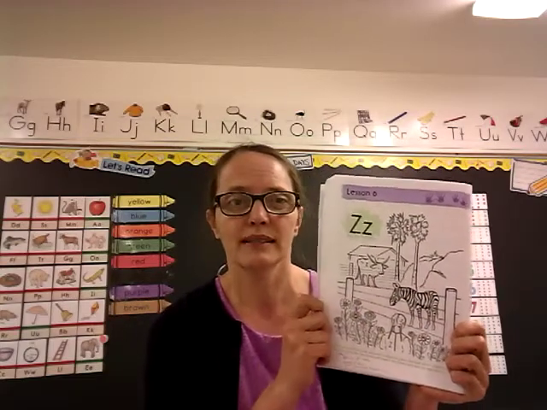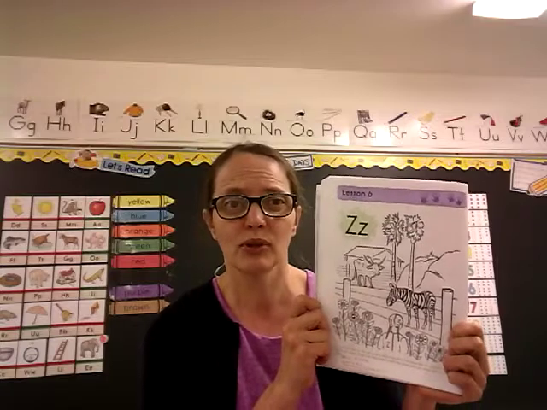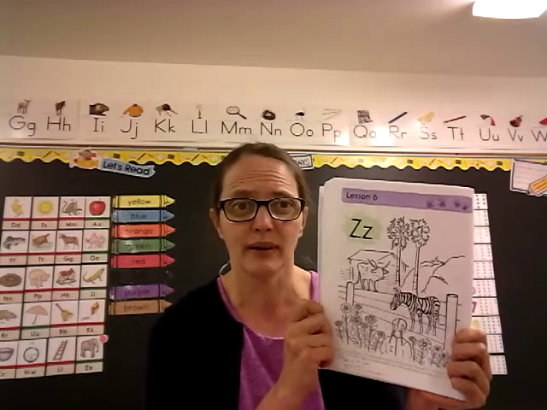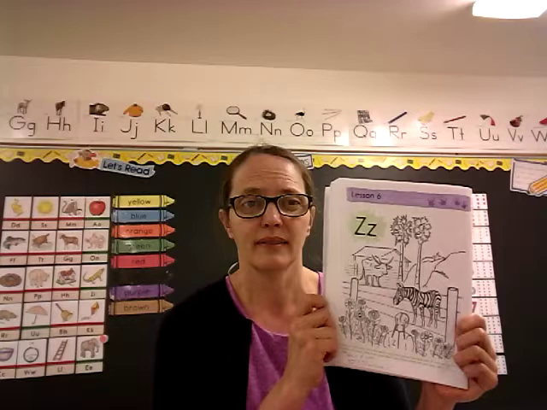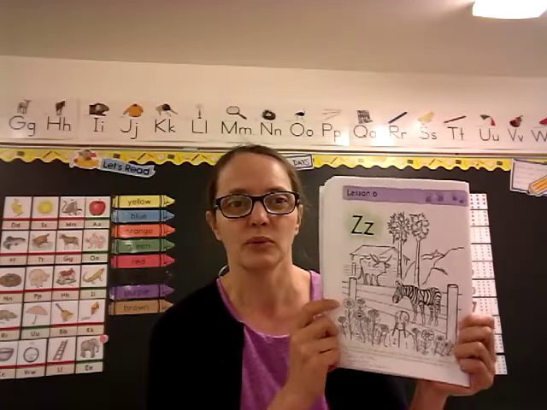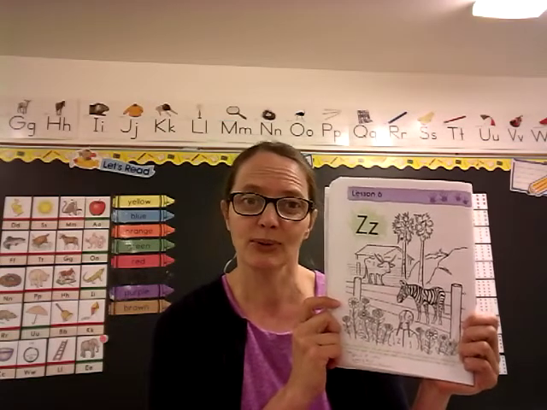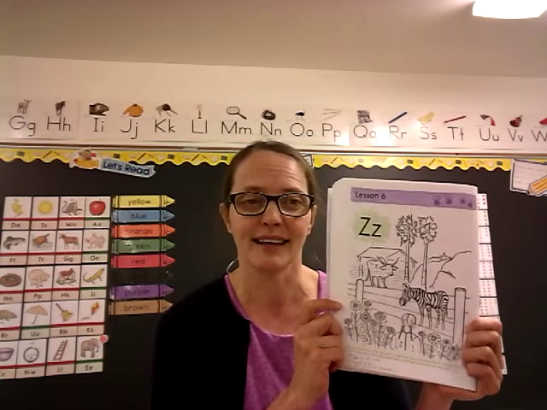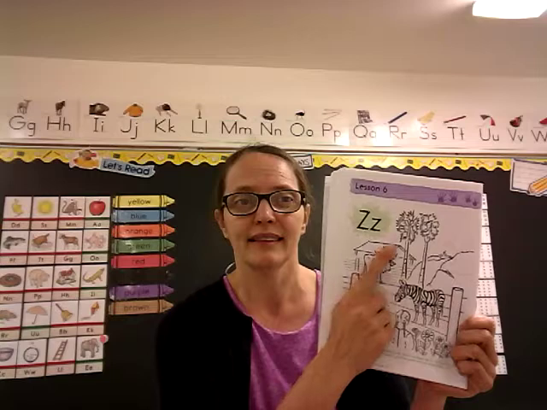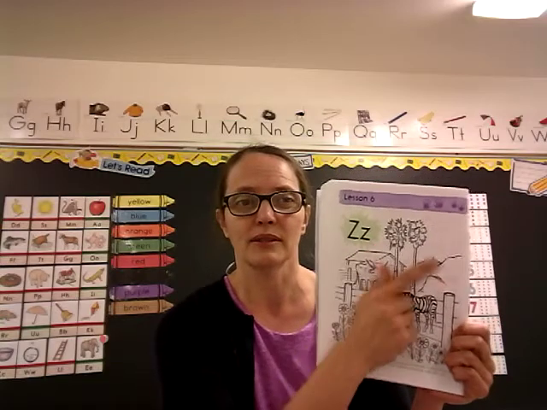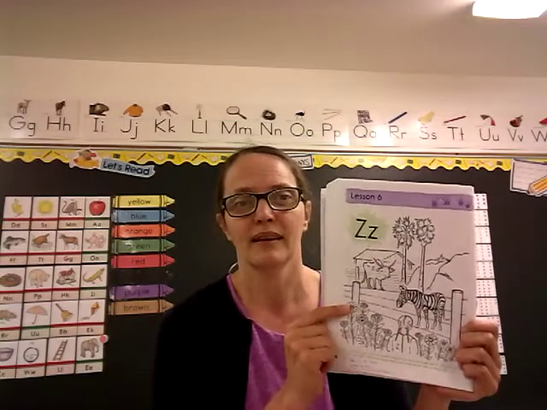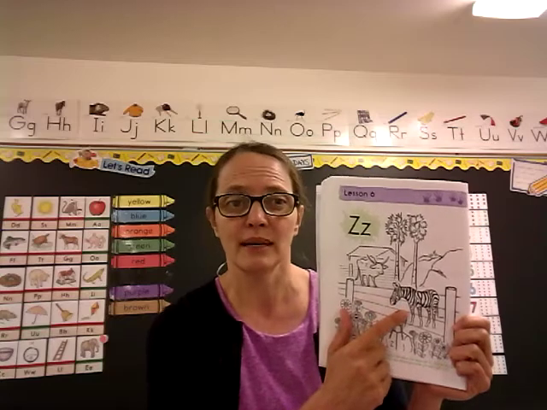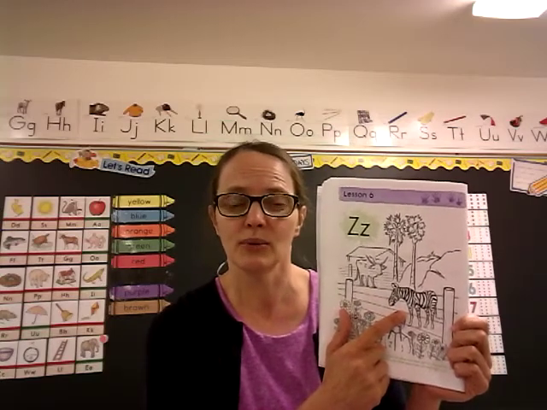And where do you find zebras? Where would you go if you wanted to find a zebra? The easiest place to go, I guess, would be to the zoo. And zoo also starts with the Z sound. And I think this might be a picture of the zoo. So now we have a zebra at the zoo.